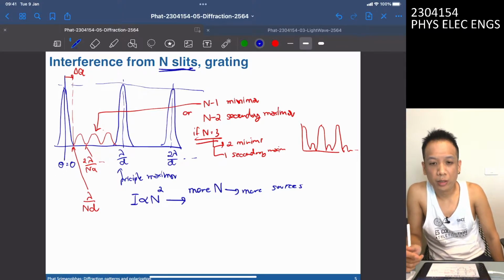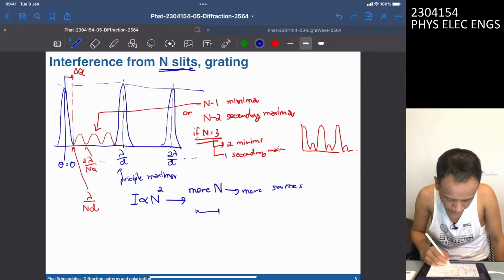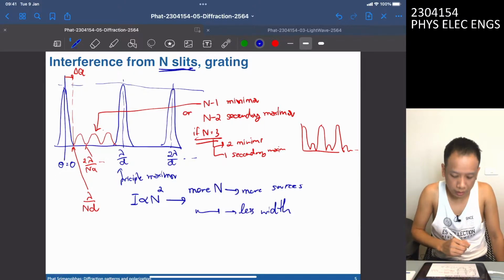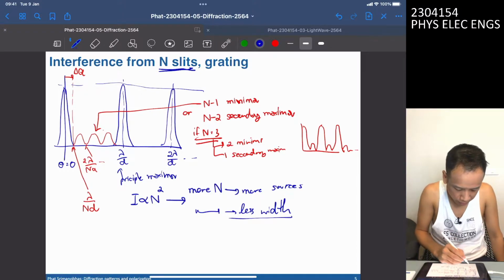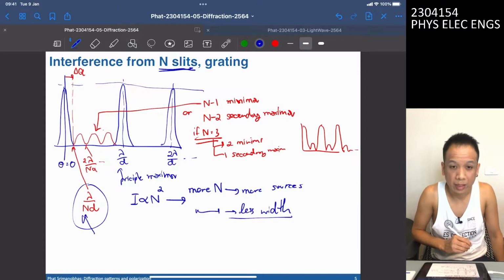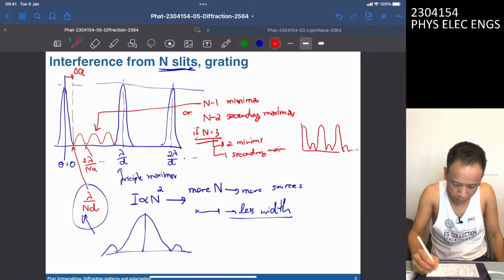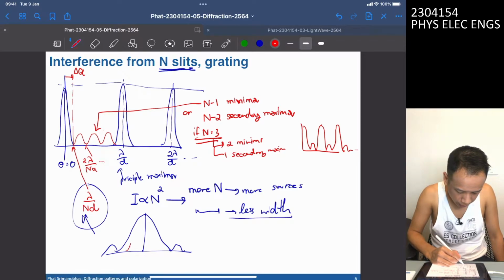So if you have more n, you have more brightness from the sources. And then if you have more n, you have less width, right? Because when n is large, the width is going to become small. So you have the width here, and then when you have more n, what's going to happen is that it will shift up.